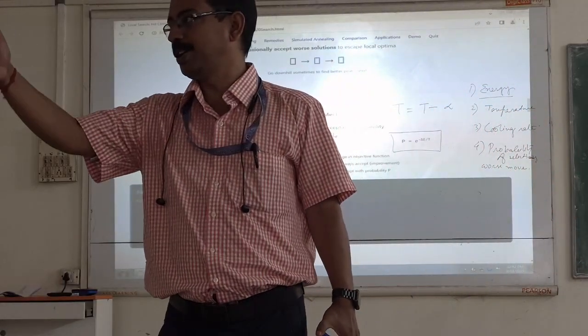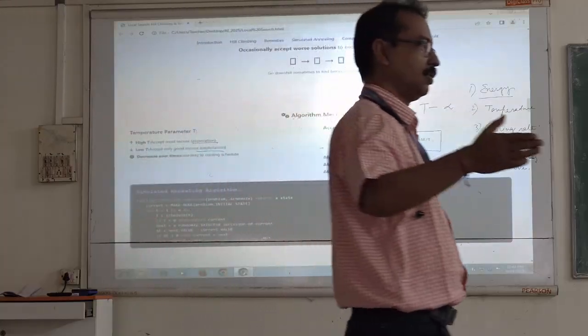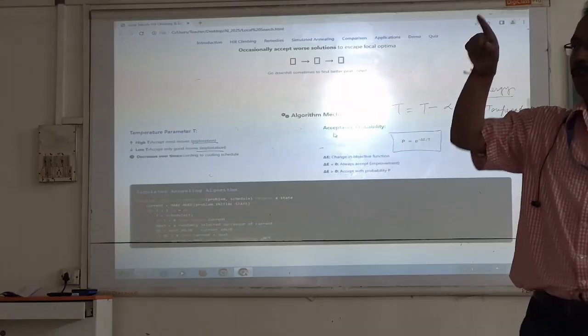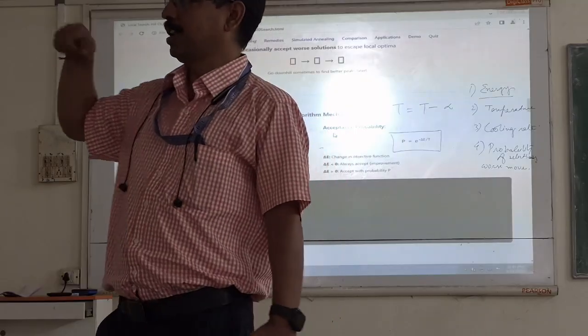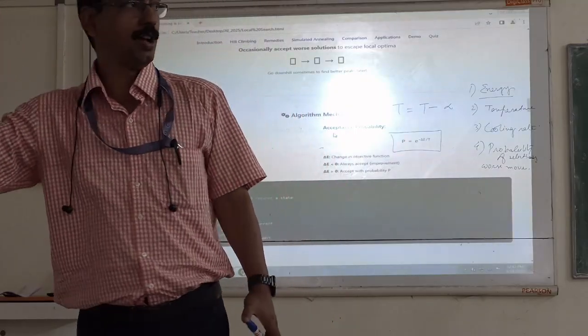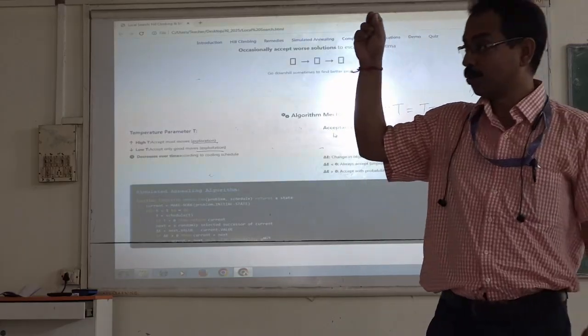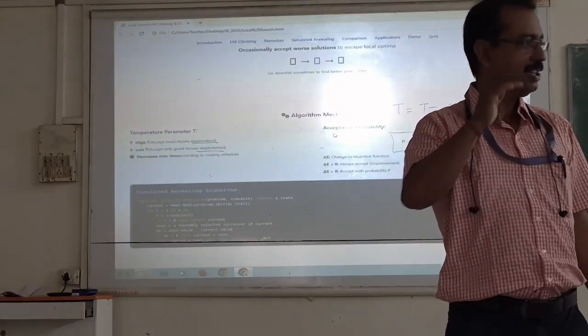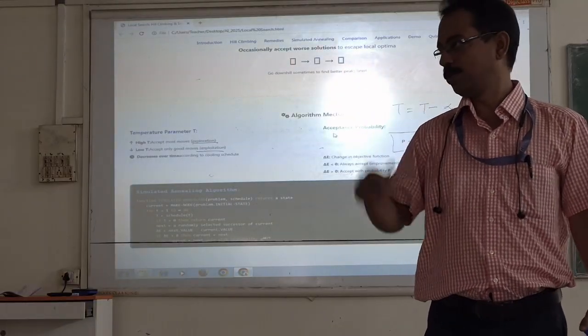So if you are getting a better move, make the move. If you are getting a worse move, calculate the P. Based on the P, take the next step. Are you getting or not? Then cool a little. After each iteration, there will be small cooling, and again explore.